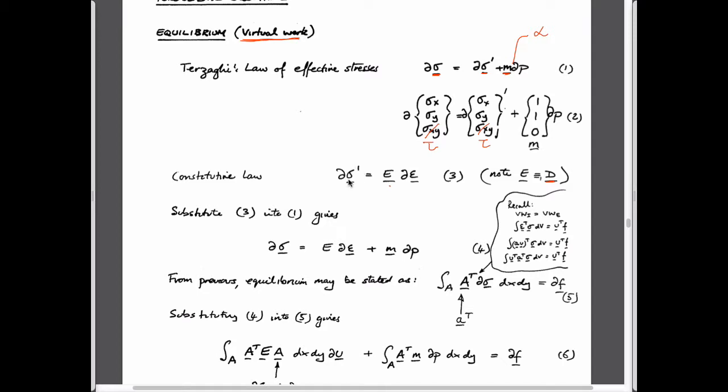And so you can think of it either in terms of applying a strain, and then the stresses that you develop in terms of intergranular stresses would be these magnitudes, or you could apply these intergranular stresses, and these are the strains that would result. Either way, Hooke's law is written in terms of effective stresses.